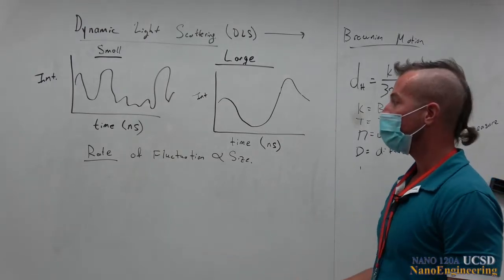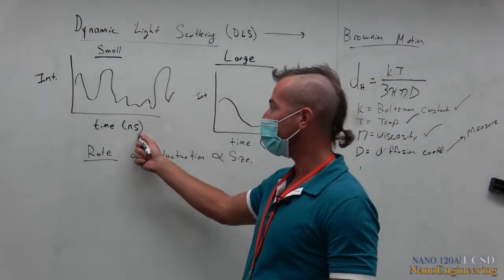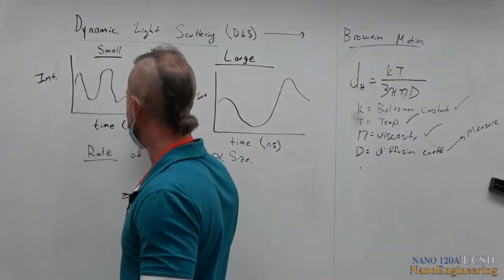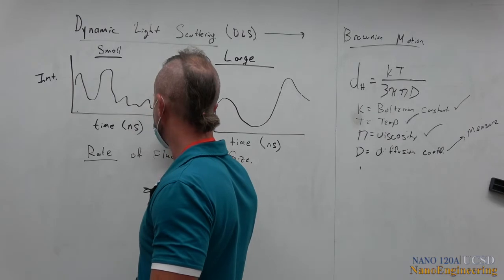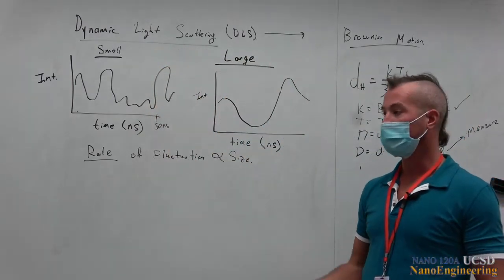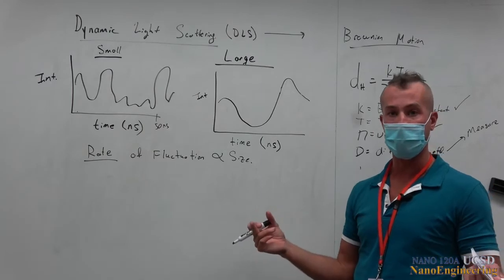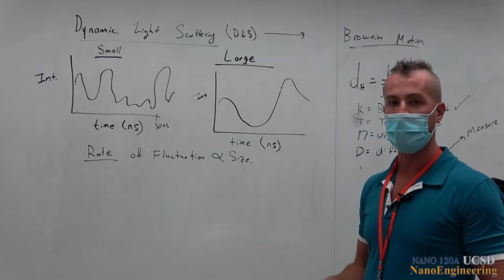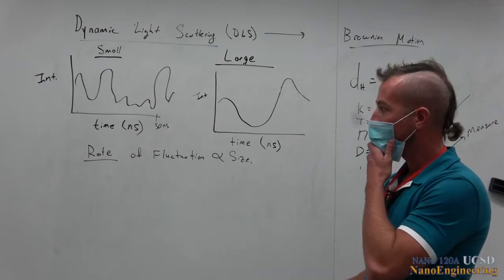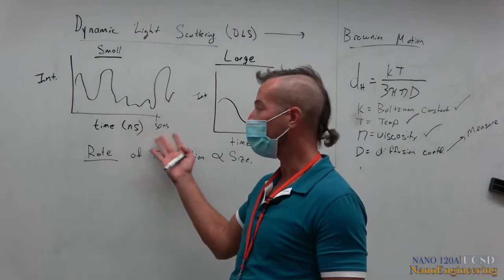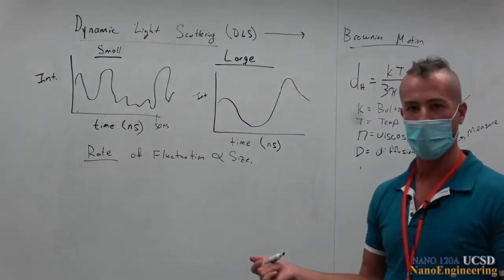Okay? So when we do this on the order of seconds versus a nanosecond capture, like if this is, I don't know, 50 nanoseconds, and then I do this experiment for 30 seconds, that's 9 orders of magnitude, right? So this is a very short amount of time compared to the measurement time.